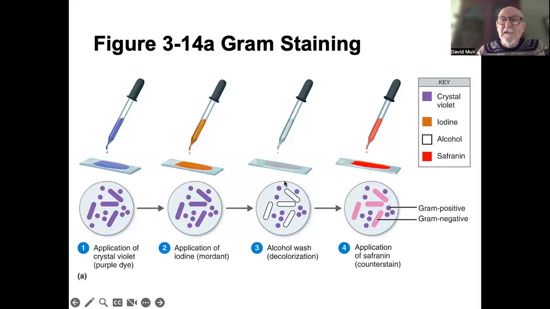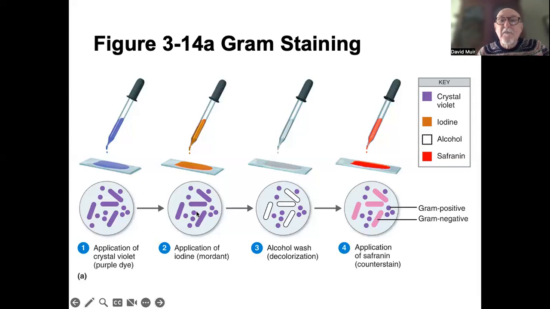In the gram-positive, the peptidoglycan is extremely thick, it's deeply stained, and the alcohol does not have time to rinse it all out. If you leave the alcohol on too long, however, you can rinse out the crystal violet even from a gram-positive cell. So let's have a look at these slides.